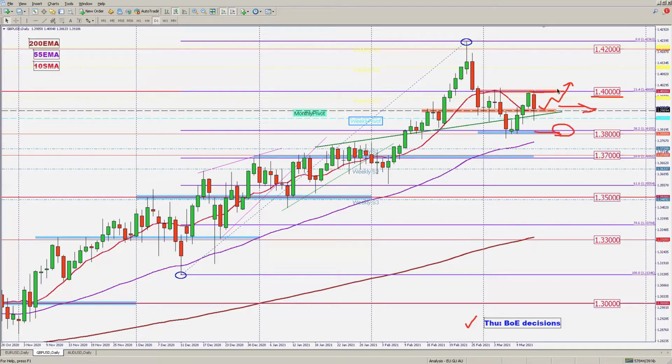The pound is also trying to recover as both economies are trying to gather momentum in their vaccination rollout, and trying to boost their economies. Right, but at the moment it's going to be tough to break above the 140 yet, so we'll see what happens on Thursday.